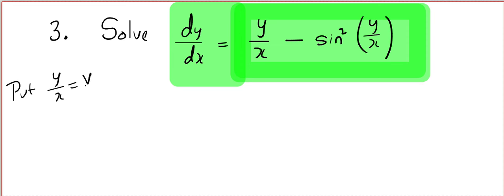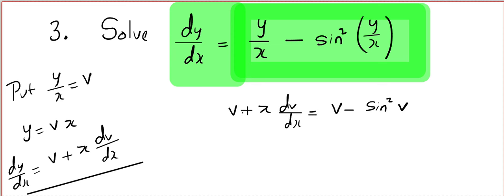Put y by x equal to v. That is y is equal to v into x. So that dy by dx will be v into 1 plus x into dv by dx. So this will get cancelled.